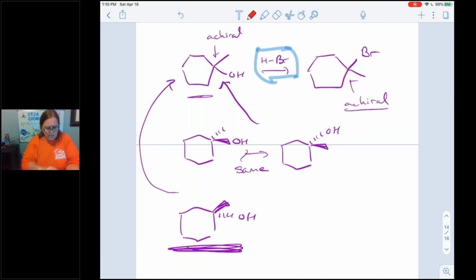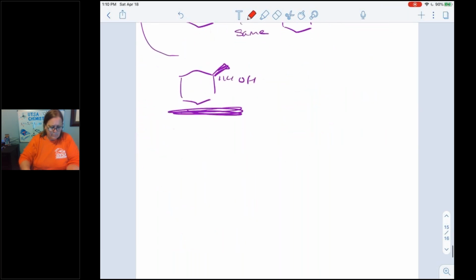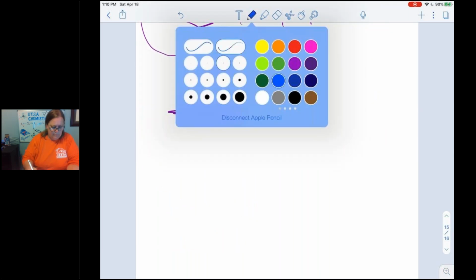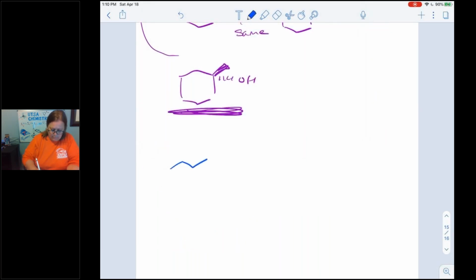Yes, it's being reacted with hydrochloric acid, but the solutions manual says that one is racemic. I'm getting confused as to why this one's racemic and the one before with the bromine is not.